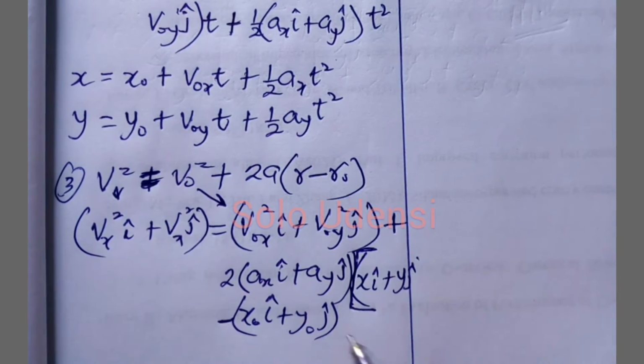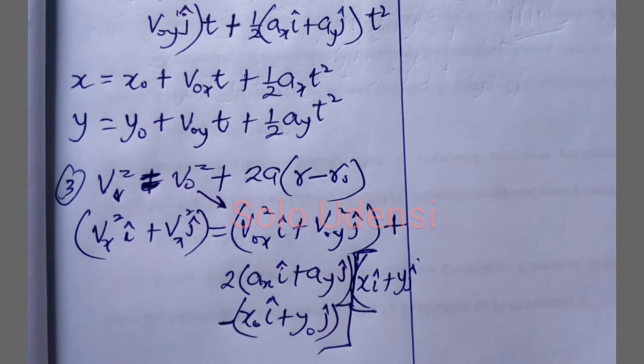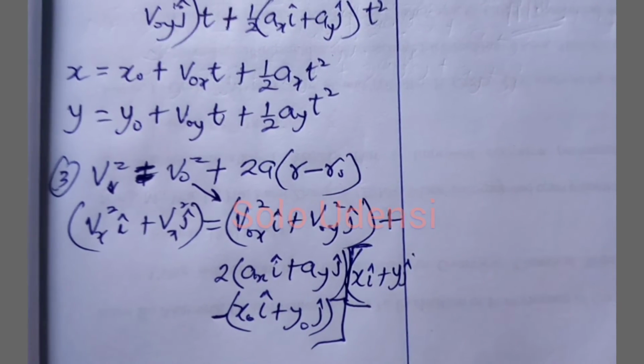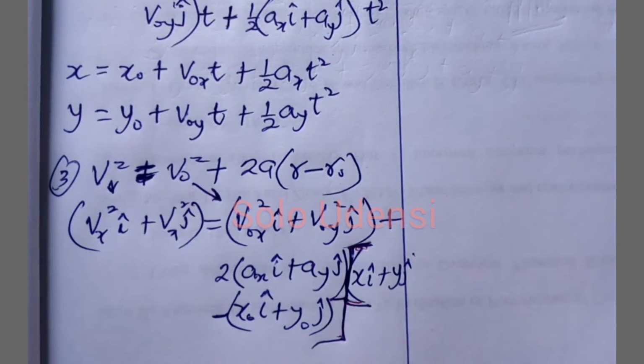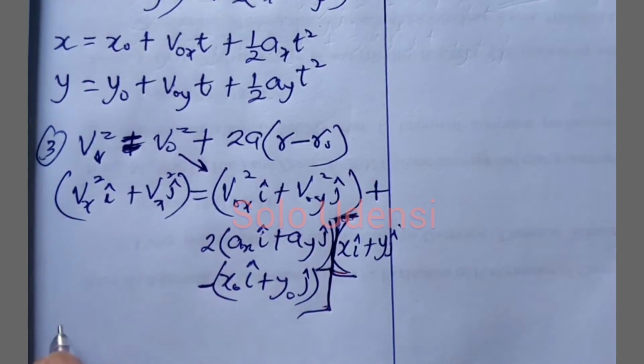There's a square bracket here to distinguish, so that we obtain this if we choose them component wise.